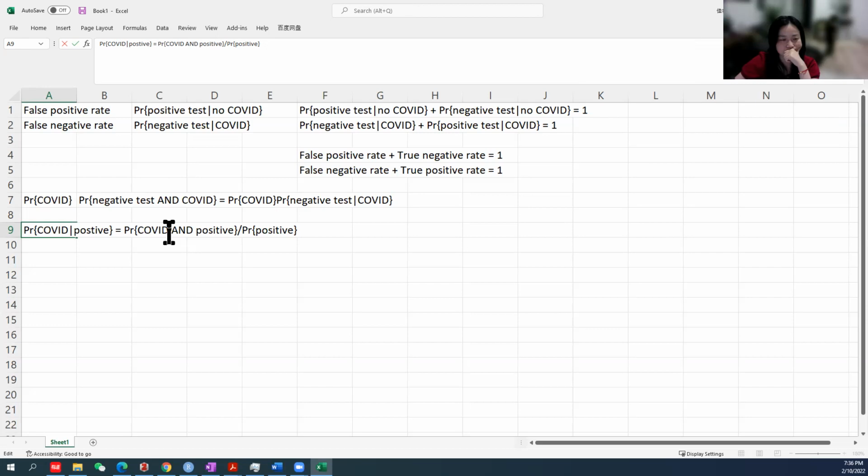The vertical bar indicates a conditional probability. For example, here the question asks, given a person, so we already know the person has a positive result. For example, we go to a test center and we only look at those people with positive test results. So it's irrelevant to study the situation among people with negative test results, right? Given this condition, how many out of 100 positive-result people actually have COVID?